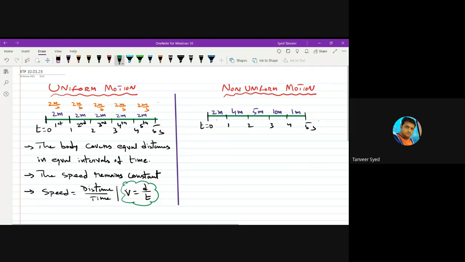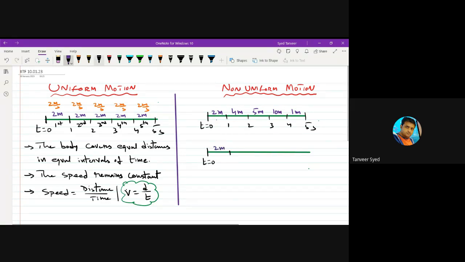Okay. Or this can also happen. Body starts at t equal to 0. And let us say it covers equal distances.